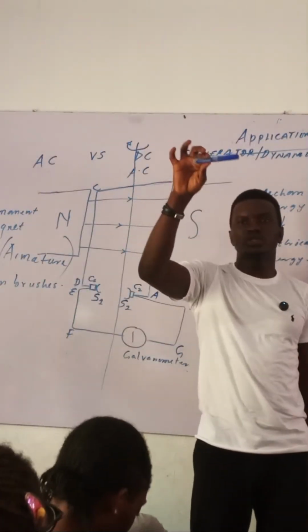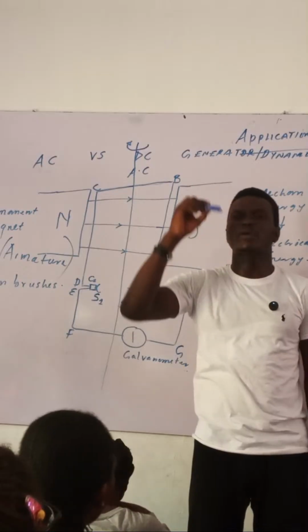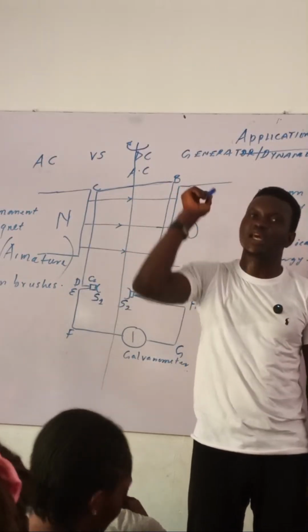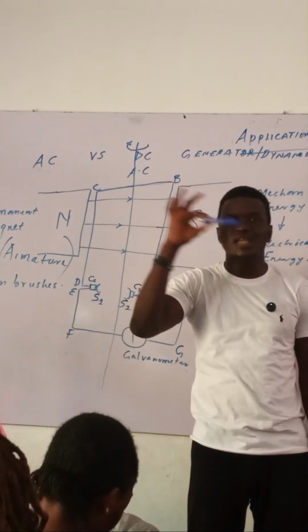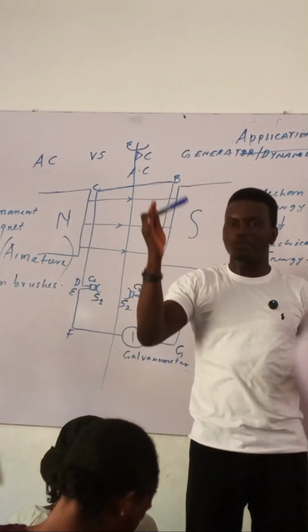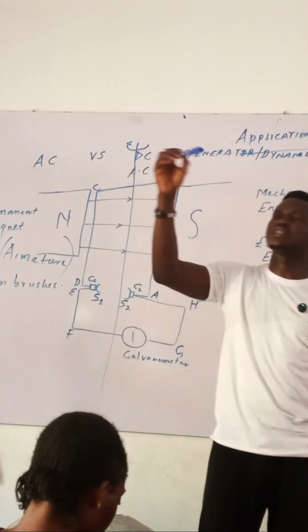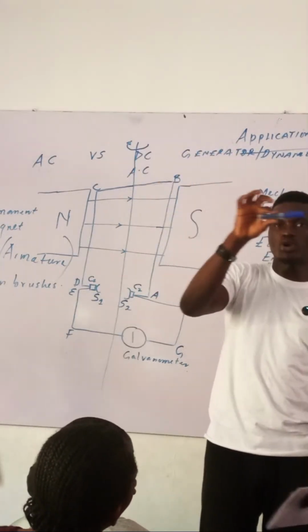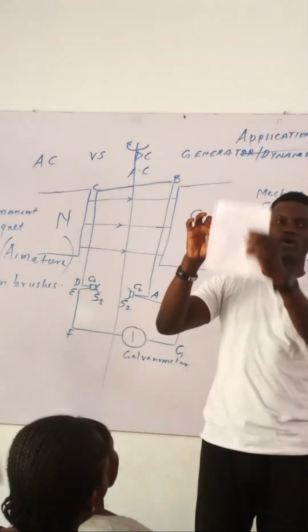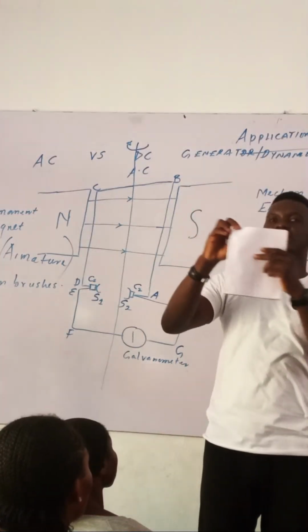This is the field. You don't see the field. That's why when I gave you the definition of the field, I told you that it is an imaginary line. So I place a magnet, the imaginary line runs. Then this is my coil of wire that is placed like this.